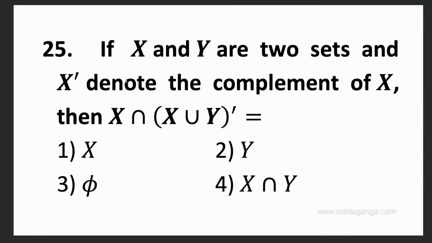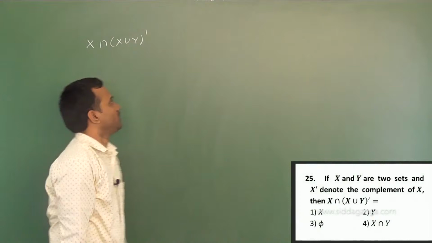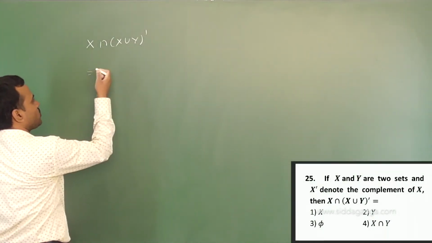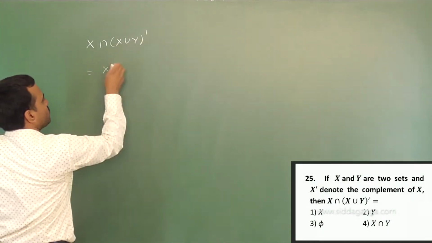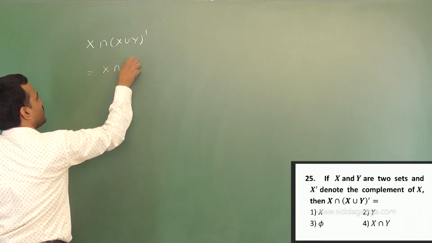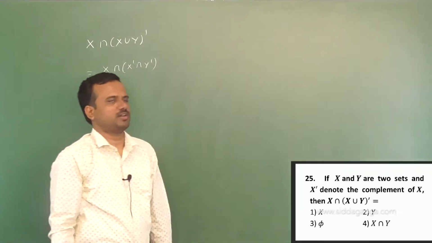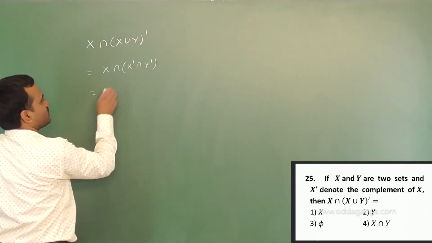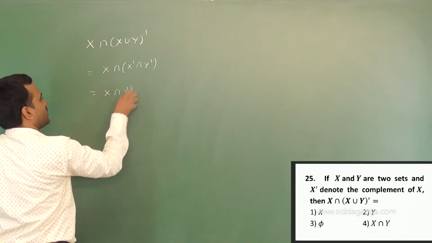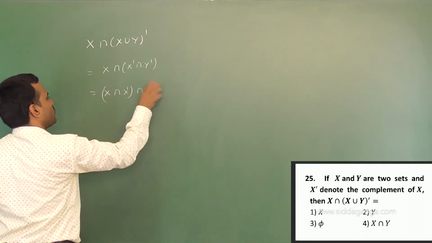If X and Y are two sets, and X dash denotes the complement of X, then X intersection (X union Y) whole dash. Better to solve this also using properties. According to De Morgan's law, X intersection (X dash intersection Y dash).